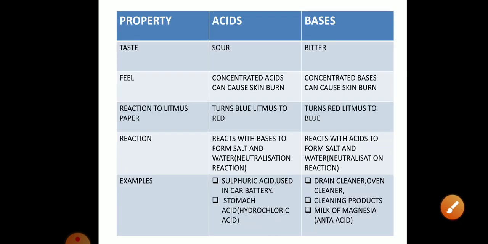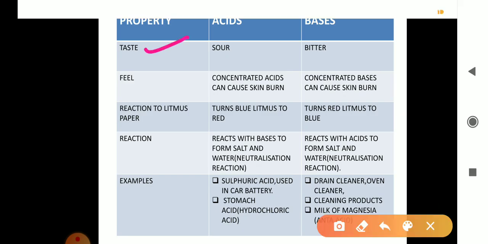Okay, now next are the properties of acid and base. This is a table in which we differentiate between acid and base. The properties on the basis of which we will differentiate. Number one is taste. I told you acids are sour in taste and bases are bitter. Then concentrated acid can burn the skin, whereas concentrated base can also cause skin burn.